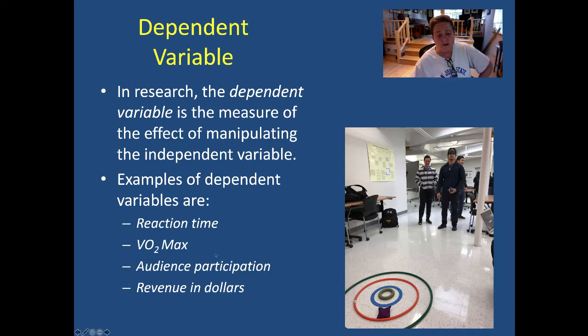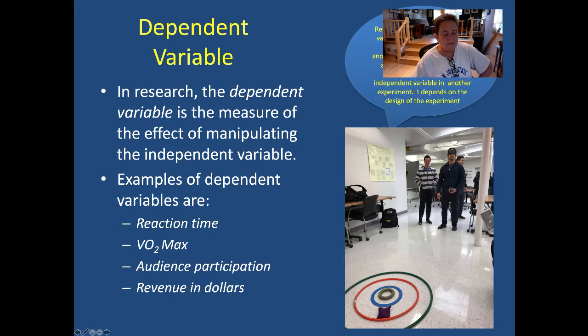Now, I want you to notice that all of the examples that I gave you here are continuous. So the dependent variable that we're looking for, we want to be continuous. The independent variable that we're looking for is usually, or sometimes continuous, but sometimes categorical.